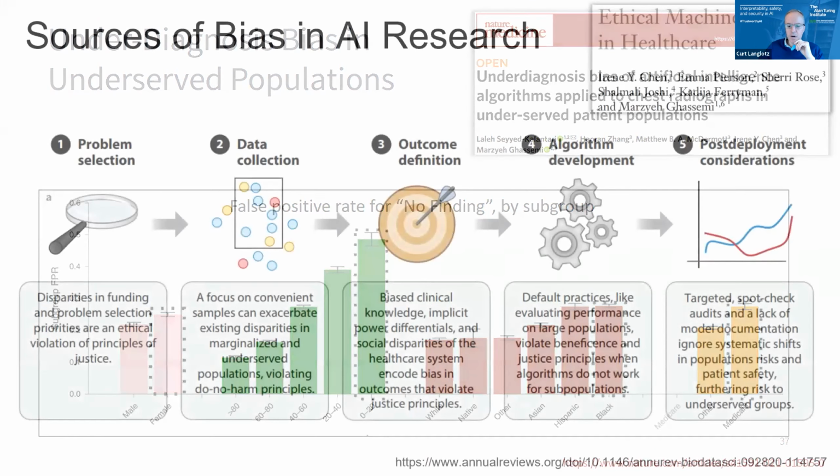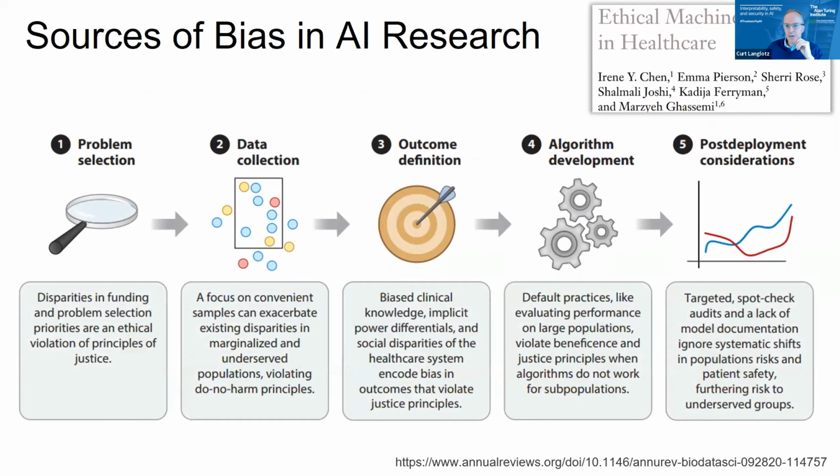And this is a very good article I highly recommend on ethical machine learning in healthcare. I won't go through this in detail, but the main point that I take away, at least as it applies to that bone age model that I just mentioned, is that if you're thinking about bias as you develop or after you've developed the algorithm and how to mitigate bias, it's probably too late.